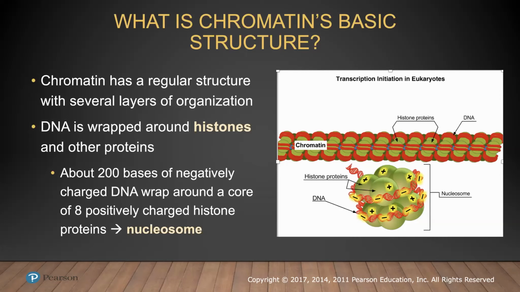And as I have mentioned here on the slide, there's about 200 bases of this negatively charged DNA that's going to wrap around a core of 8 positively charged histones. All right, and so that's what we're showing in this bottom picture. And we're going to refer to this particular structure as a nucleosome.